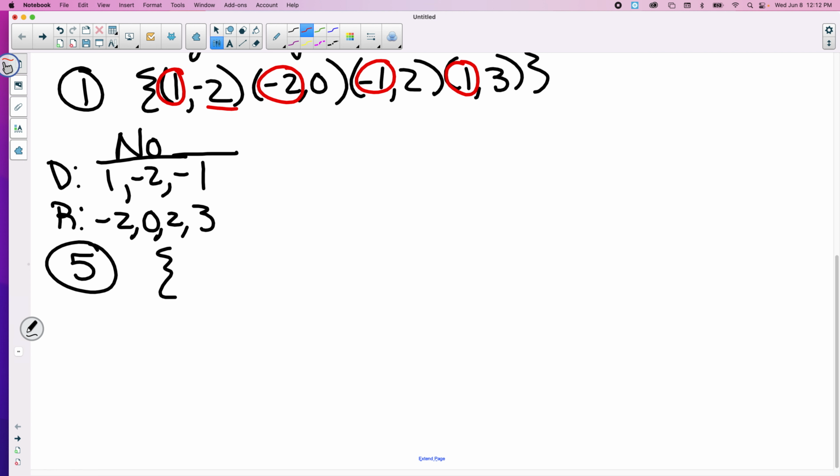Okay, so looking at 5, and it doesn't matter what order you put your ordered pairs in. I think it's easiest, how many points are graphed on number 5? 6 points. If you go from left to right or right to left, whatever's better for you. That way you don't leave anything out. So let's look at that first point that's in the bottom left. What's the coordinates to that point? -2, -2.